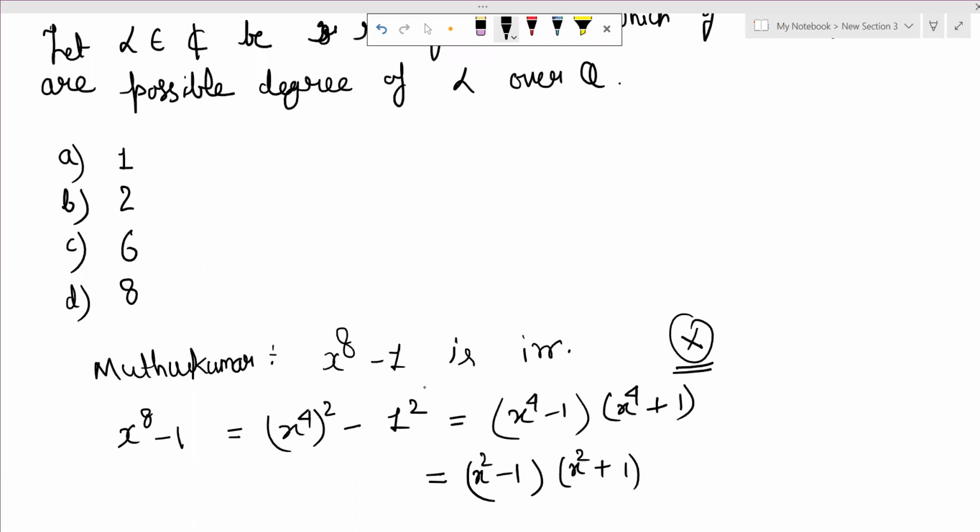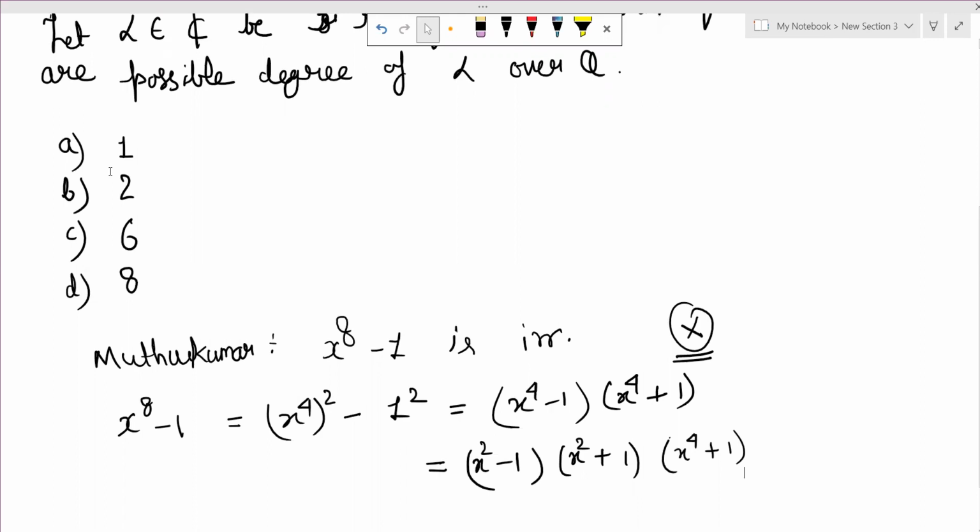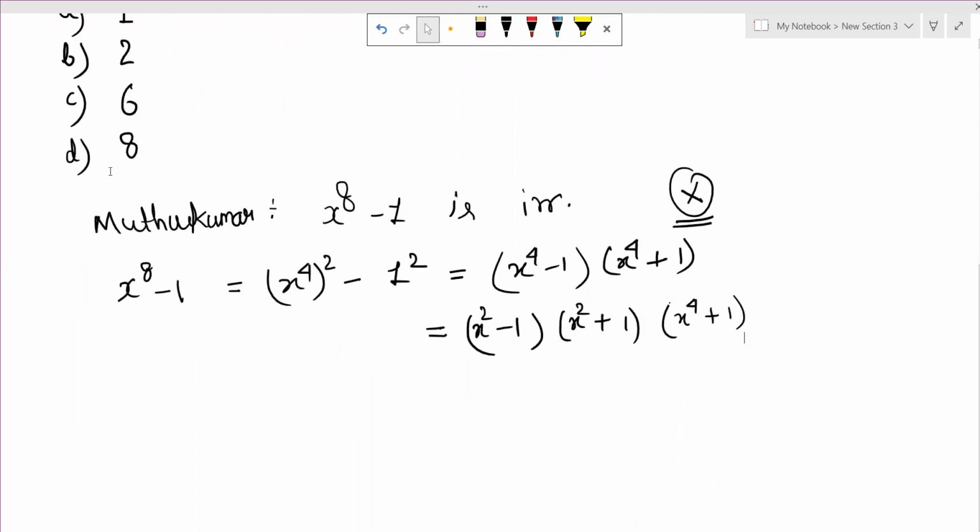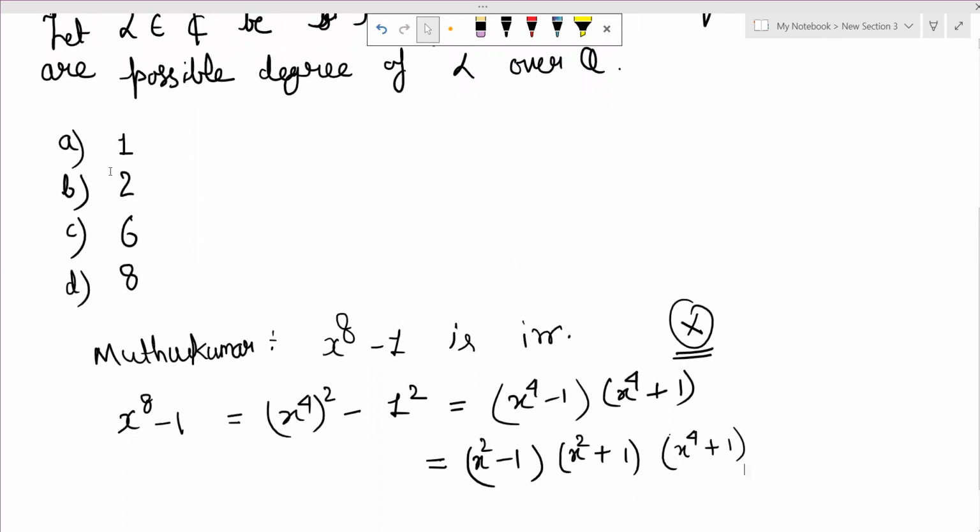So what are the possible degrees of an element? Suppose alpha is a root of x to the power 8 minus 1. What can be the least degree monic polynomial?